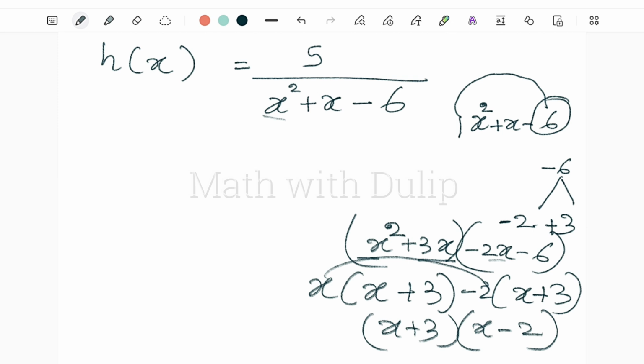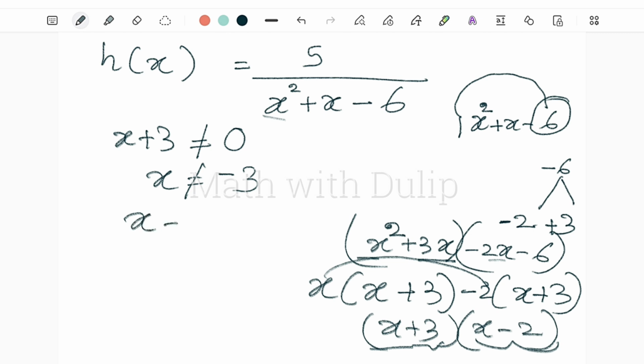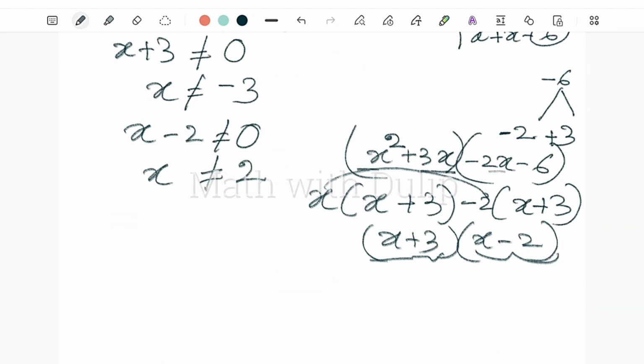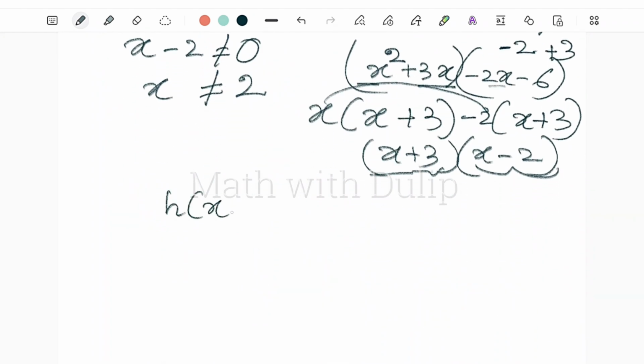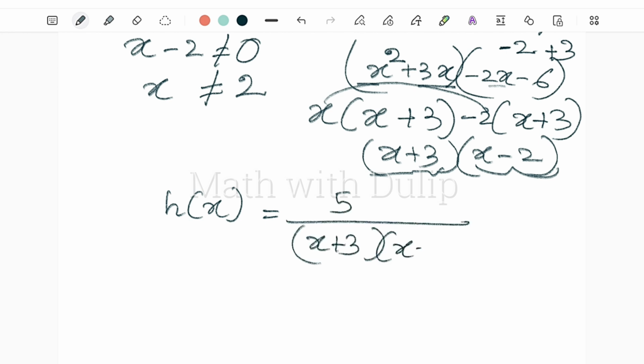And then these two factors shouldn't be 0. So x plus 3 not equal to 0, and then x not equal to negative 3, and x minus 2 not equal to 0, so x shouldn't be positive 2. So I can write h of x equals 5 over x plus 3 times x minus 2.